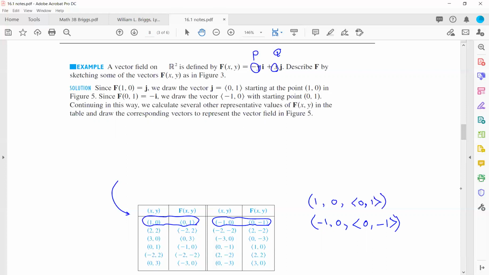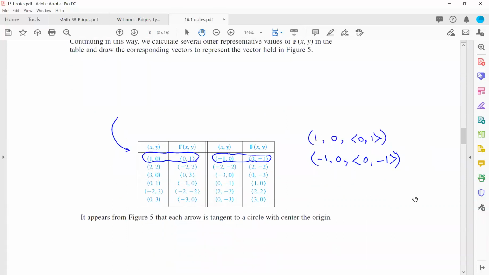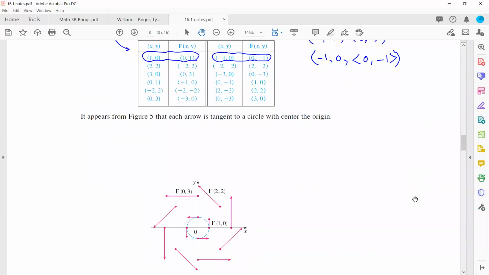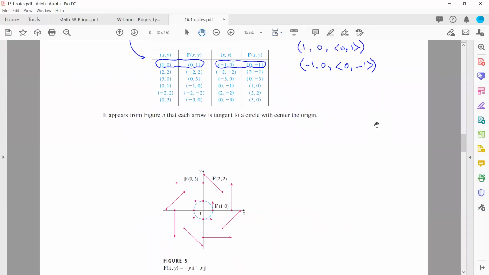As you can see, you can plug in different points and get more vectors, which helps to visualize this function better. So 1 and 0, this is the starting point. 1 and 0 in the direction of 1 and 0, the first vector.